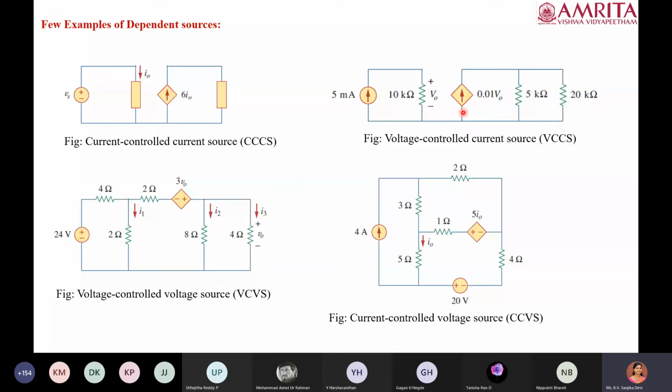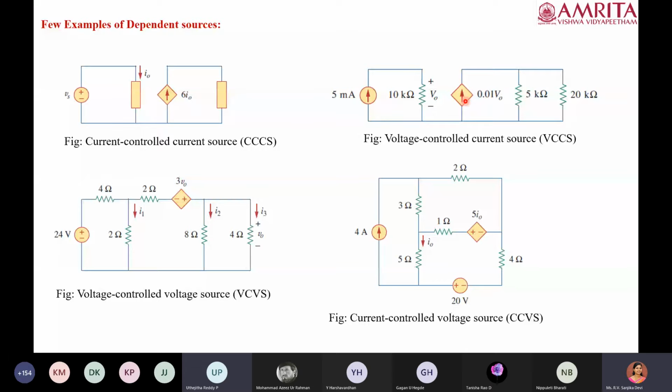This V naught only tells that if there is any change in V naught, correspondingly the current will be affected. The current coming out of this source is influenced by the voltage present in this part of the circuit, and if there is a change in the resistance here, there will be a change in the voltage, and correspondingly the current coming out will change. But it is a current source.